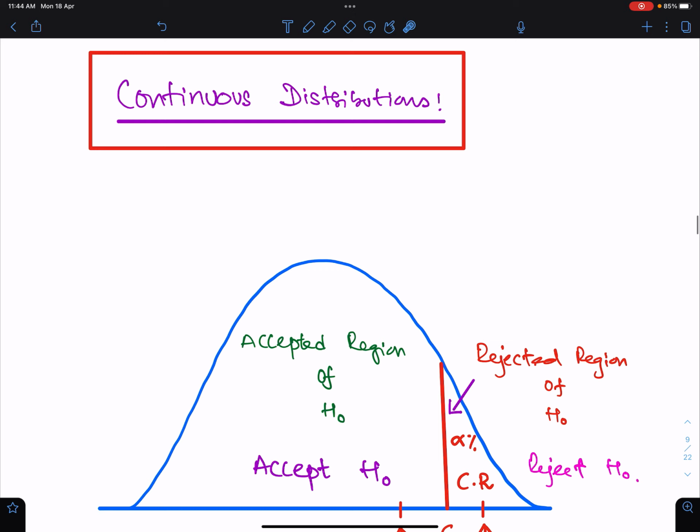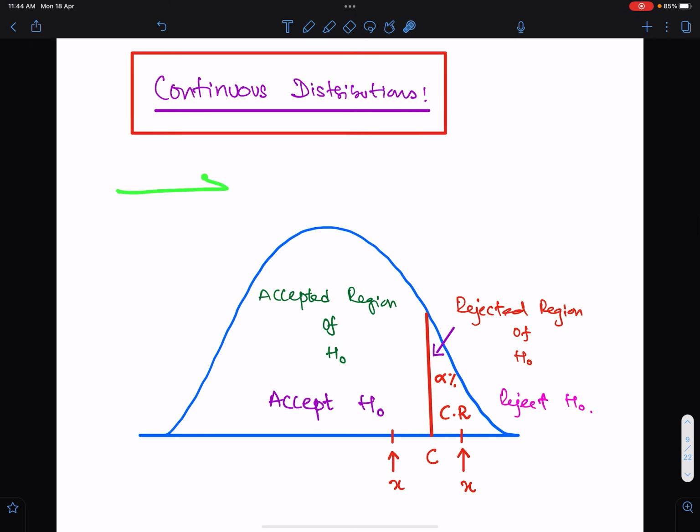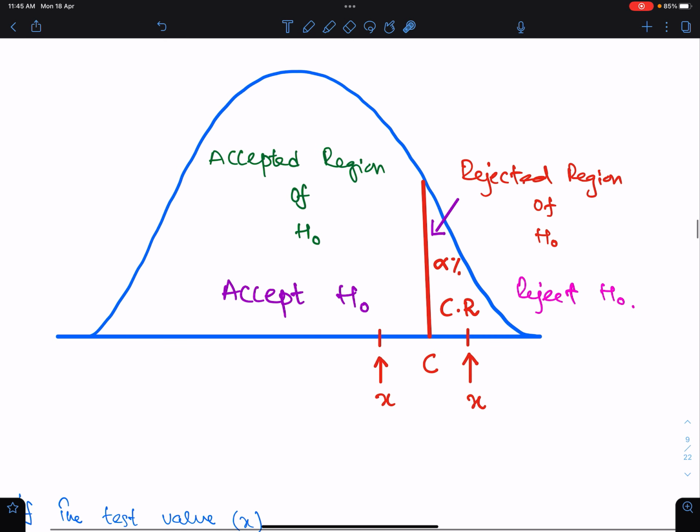Continuous distributions. The upper tail test. This is the boundary of critical region. This region is known as critical region or rejected region of H0. Here we reject H0. And this is the probability of critical region, alpha %. This is the accepted region of H0.